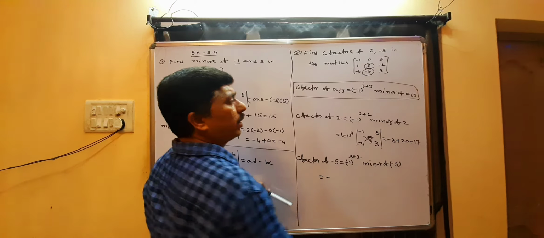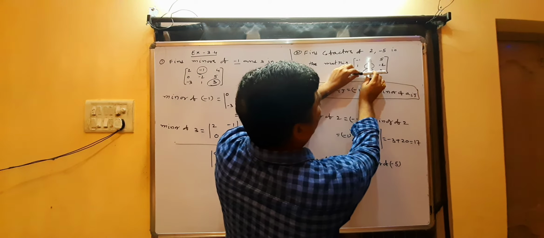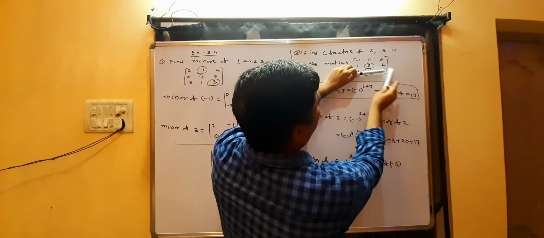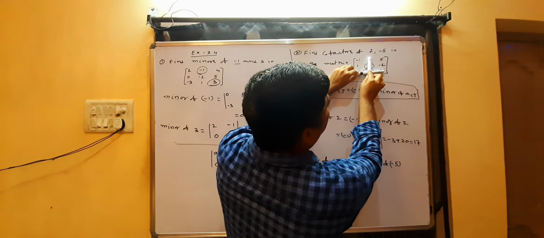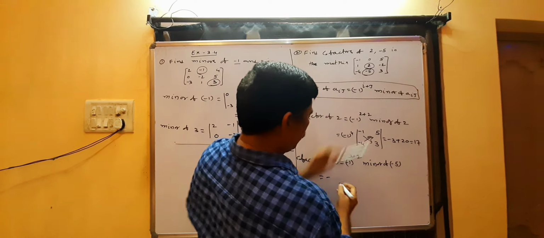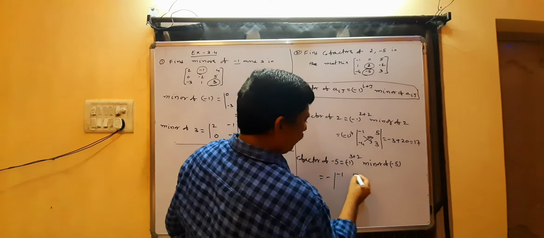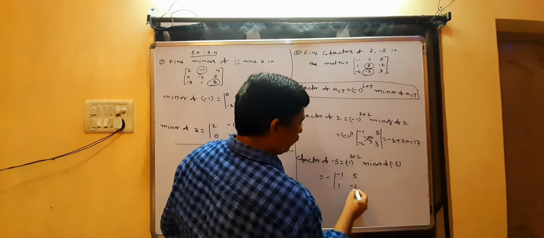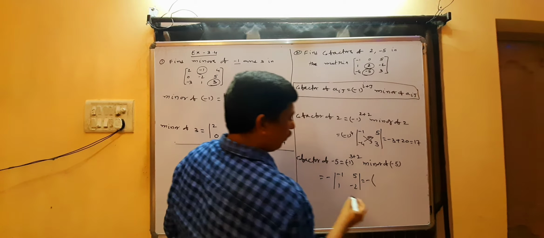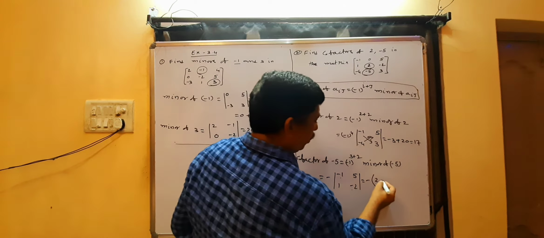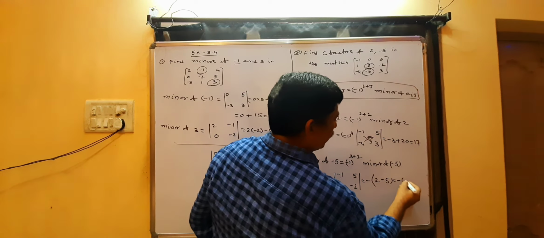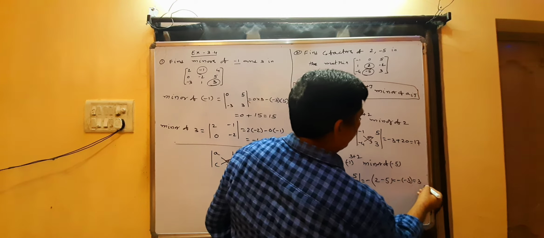For the minor of -5, close the row and column containing it; the remaining are -1, 5, 1, -2. You can find the determinant: minus into minus plus 2, minus 5. That is minus of -3, equal to +3. Copy it.